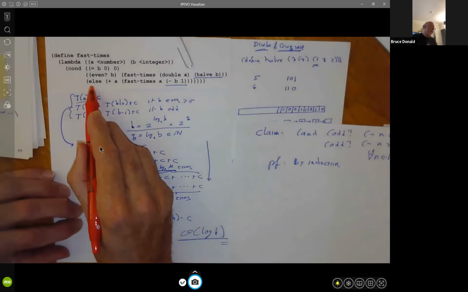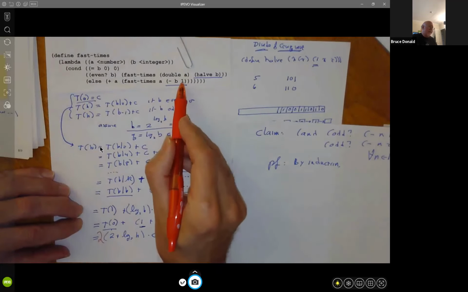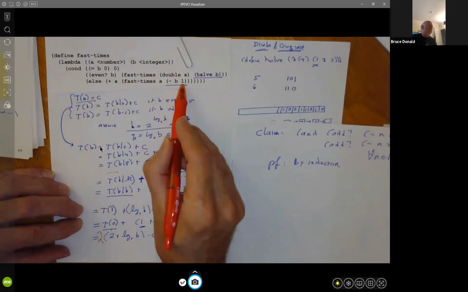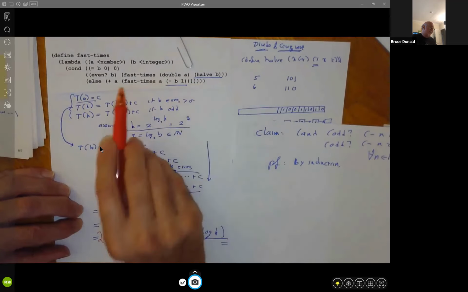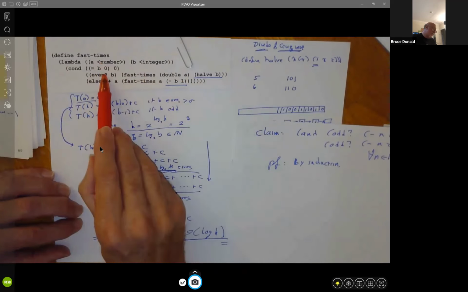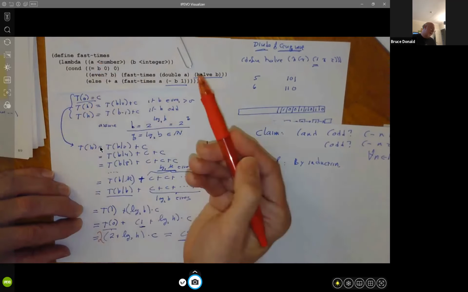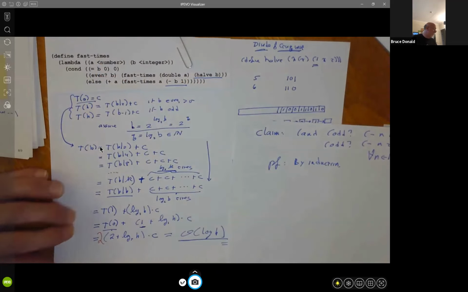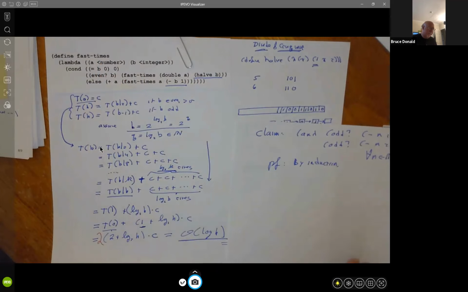The reason it can only be that many times is that as we're decrementing b, it's impossible for both b minus 1 and b minus 2 to be odd. So by the time we get to fast times 1 recursion down, we'll take the even branch. The next time we might take the odd branch again, so you'll at most double the number of calls. So that's pretty cool that we can do that. All right.